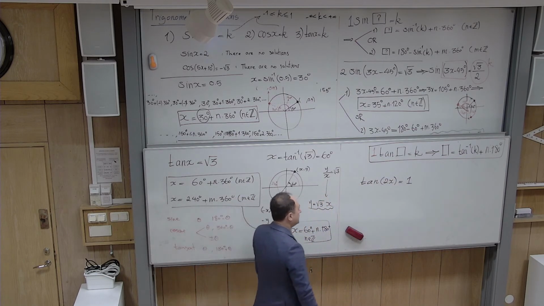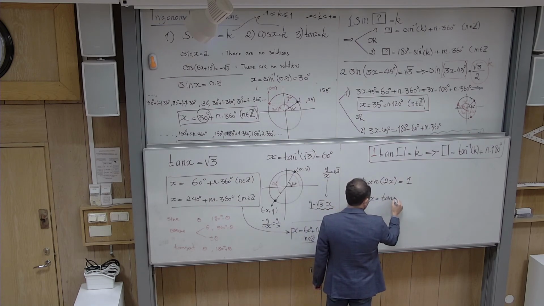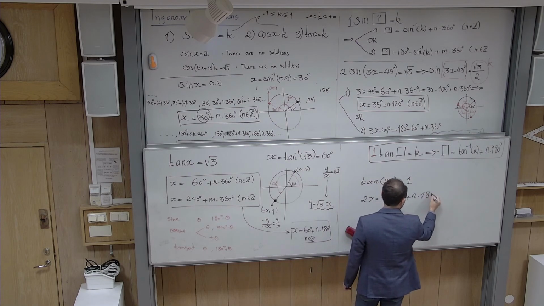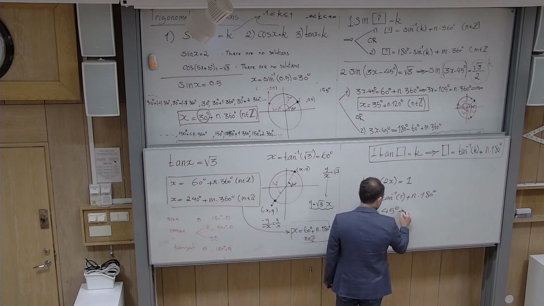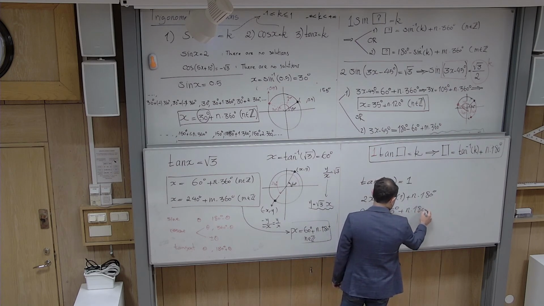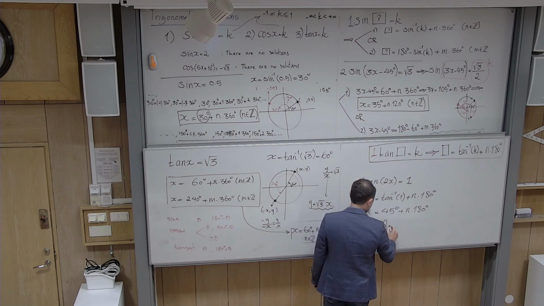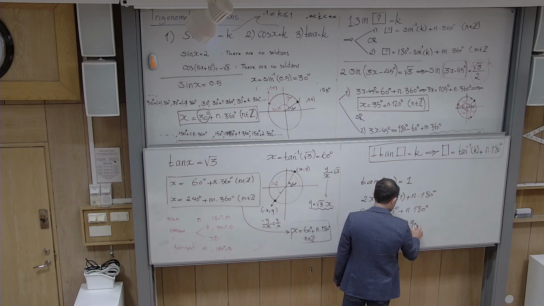So what you do, you write 2x is equal to tangent inverse of 1 plus n times 180 degrees. But tangent inverse of 1 is famous, it is 45 degrees. And then I have to divide everything by 2. So dividing this by 2 is 22.5 degrees, and then n times 90 degrees.